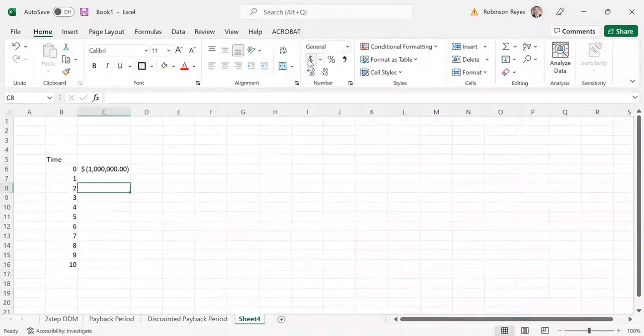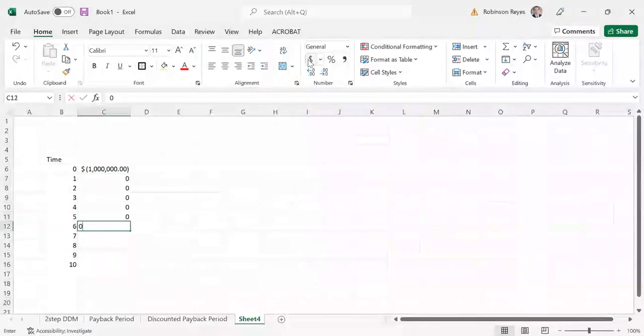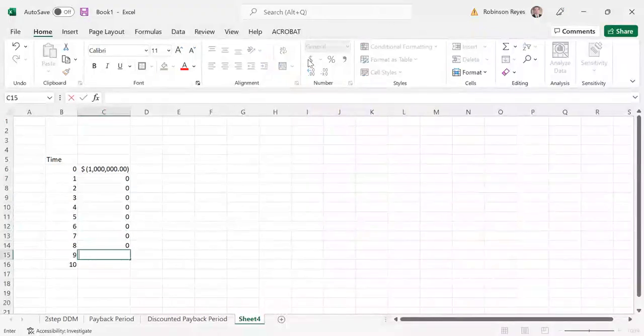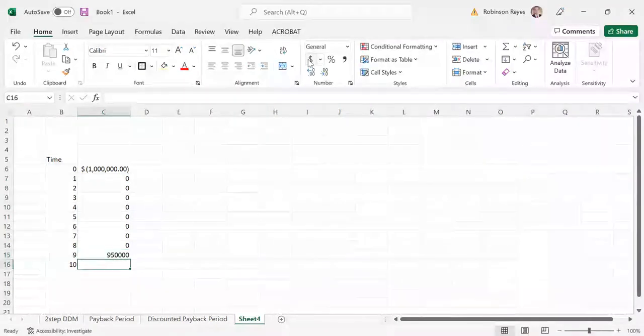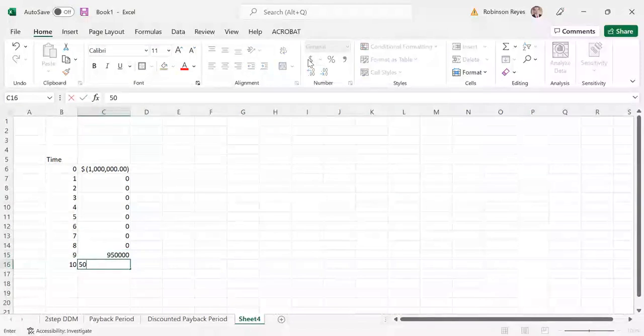And then we get nothing for the first eight years. And then in year 9, we are getting $950,000. And then in year 10, we're getting $50,000.